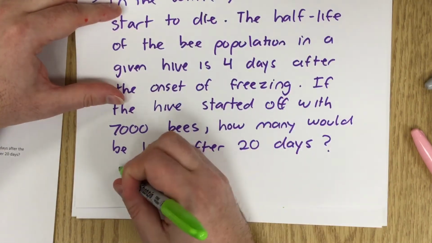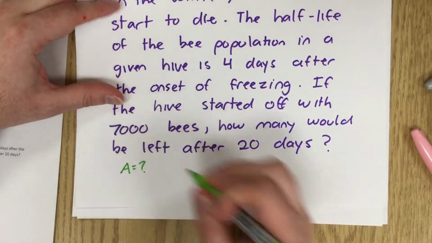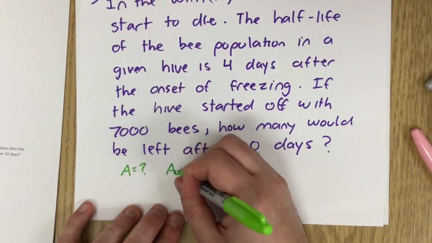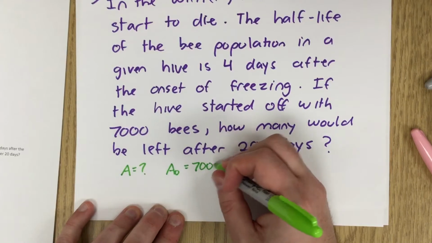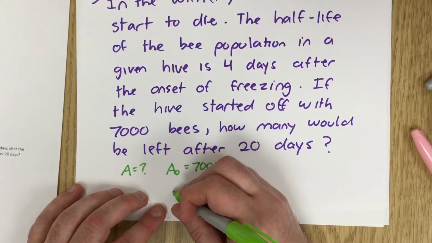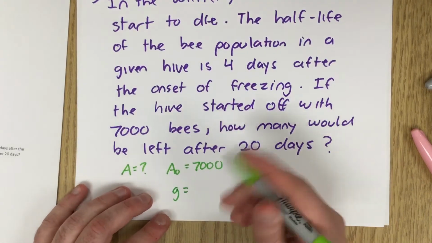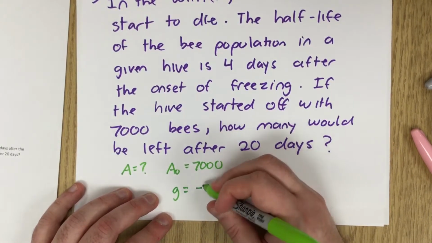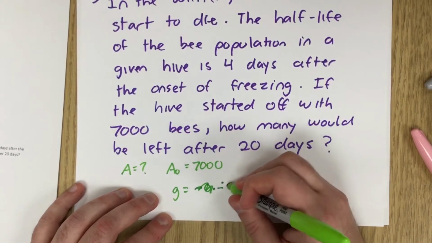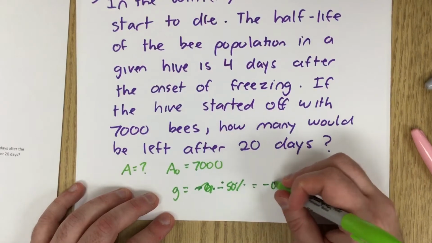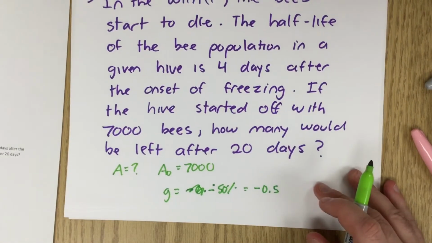Okay, so as usual, we're trying to figure out the final amount. The initial amount in this case was 7,000. The growth rate: a half-life means that we're losing half of them. So every time we have a half-life, it's minus 50%, which is negative 0.5.